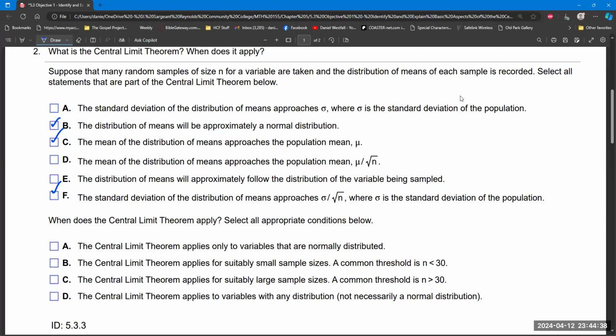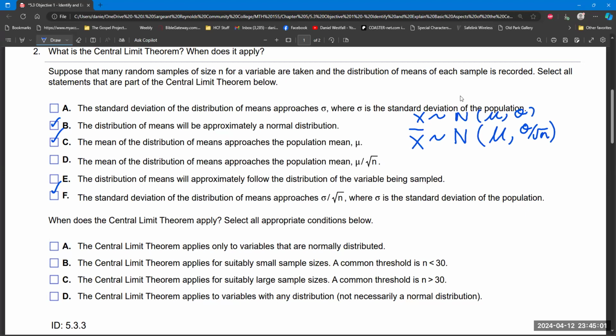The central limit theorem tells us that x bar is distributed normally with a mean of mu and a standard deviation of sigma divided by the square root of n, whereas x is distributed normally like that.